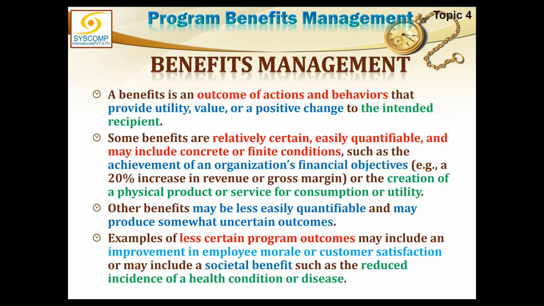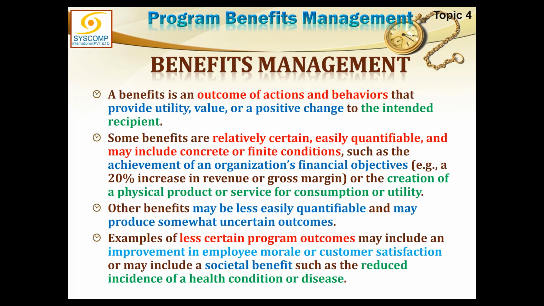But as a program manager, it is your responsibility to quantify it as much as possible, because only then will you be able to measure against it, and ultimately to succeed in benefit management you have to be able to measure it and deliver it. Or the creation of a physical product or service for consumption or utility. If there is a physical product or service, that can be measured.